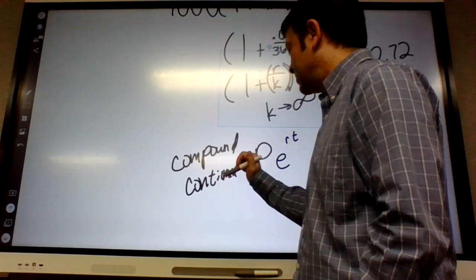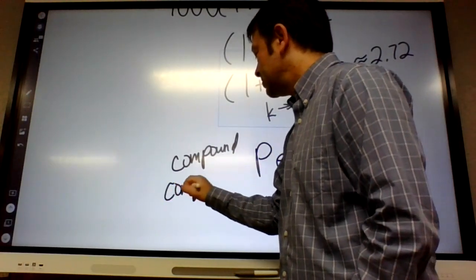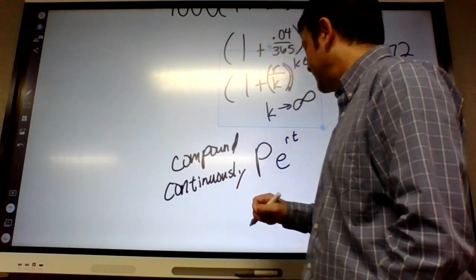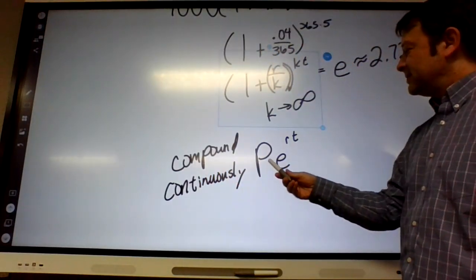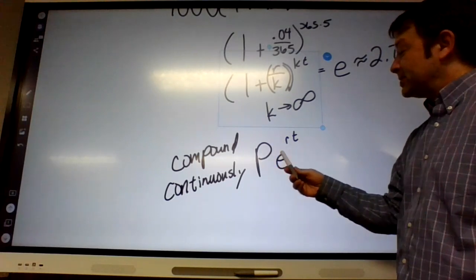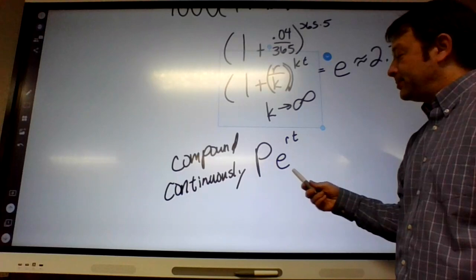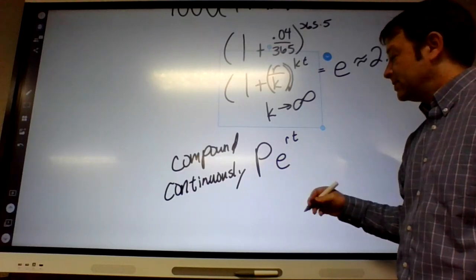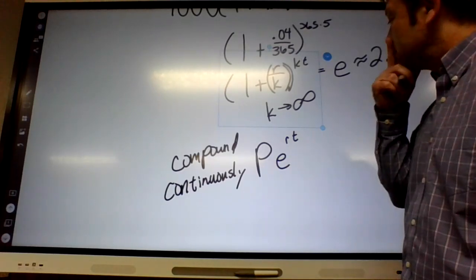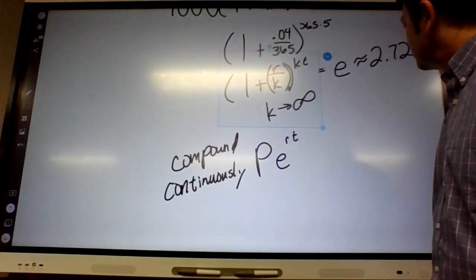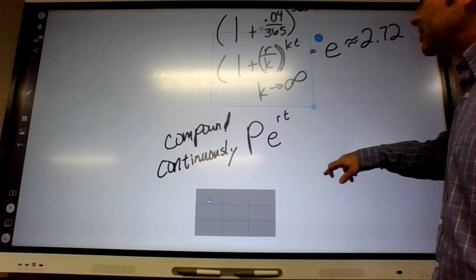Continuously, is that how you spell it? The formula is just principal times e to the RT, so you don't even need the parentheses stuff. That's kind of how it works.